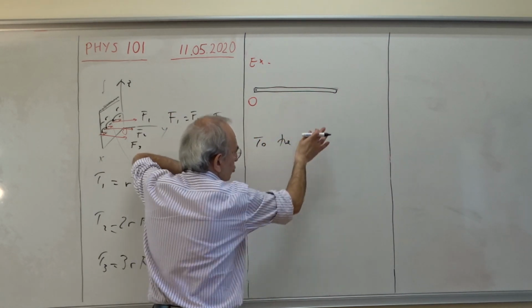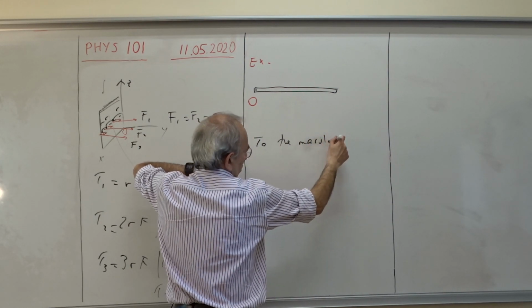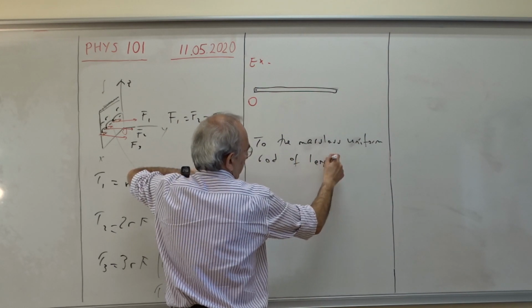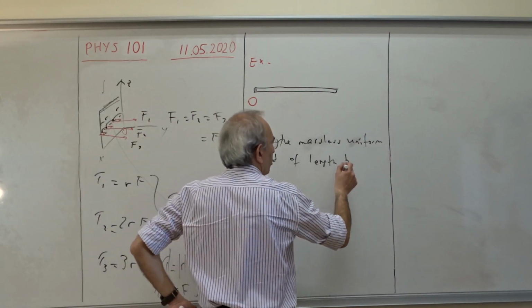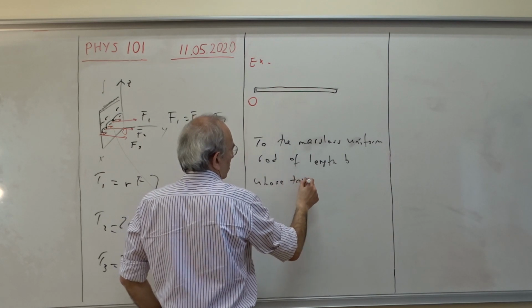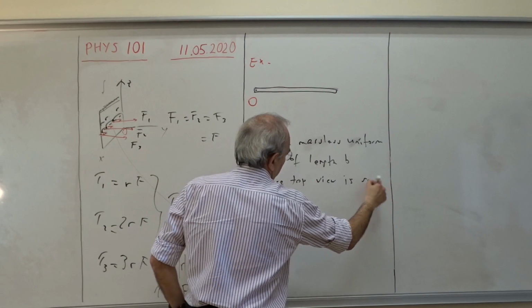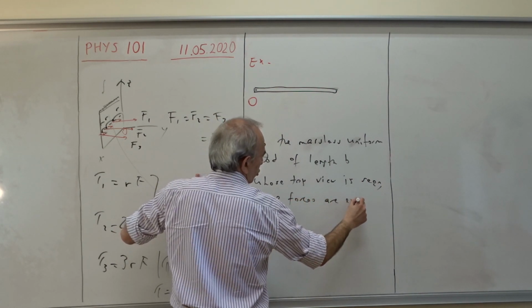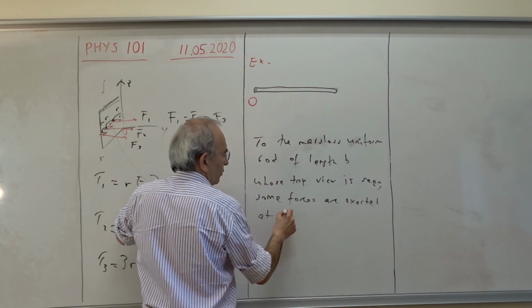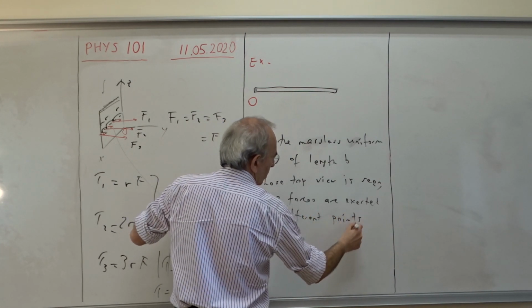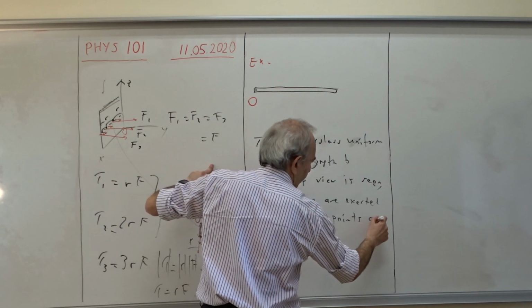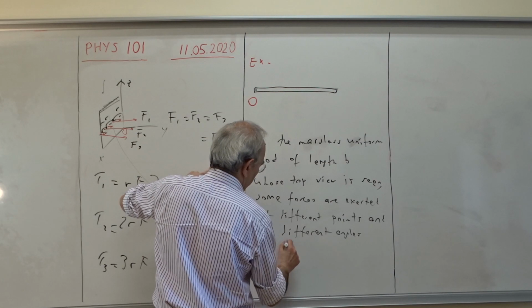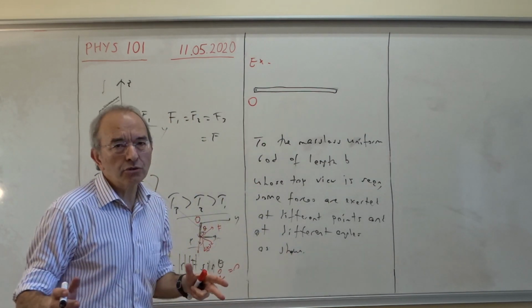To the massless, uniform rod of length B, whose top view is seen, some forces are exerted as shown, at different points and at different angles as shown. Find the resultant torque on the rod.